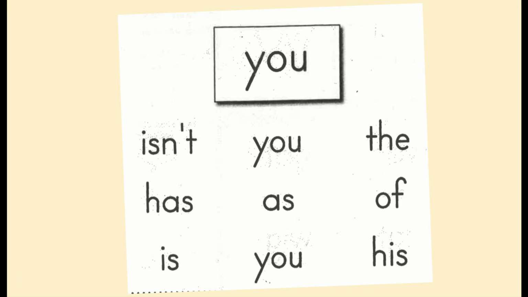Is. I-S. Is. You. Y-O-U. You. His. H-I-S. His. Now let's practice reading those words again. You. Y-O-U. You. Isn't. I-S-N apostrophe T. Isn't. You. Y-O-U. You. The. T-H-E. The.